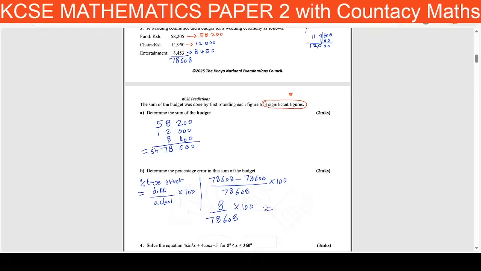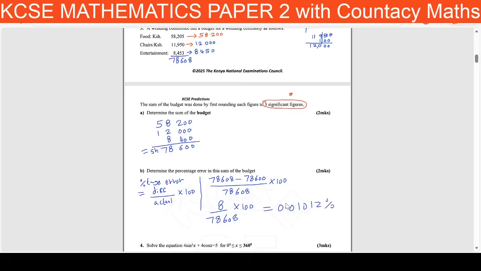So we have 8 divided by 78,608, and then we multiply that by 100. That is going to give us 0.01012%.